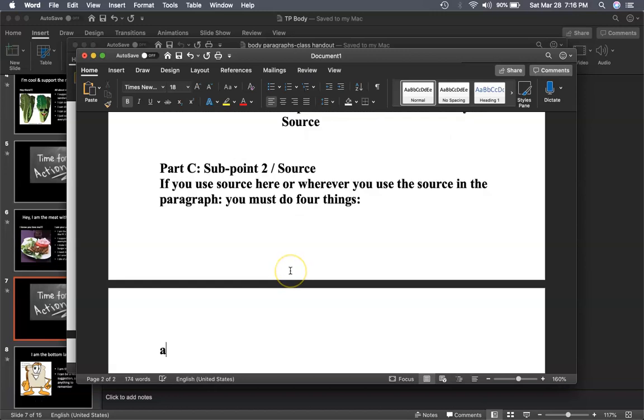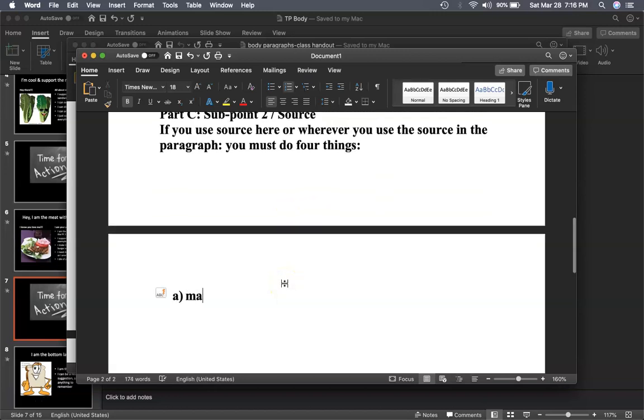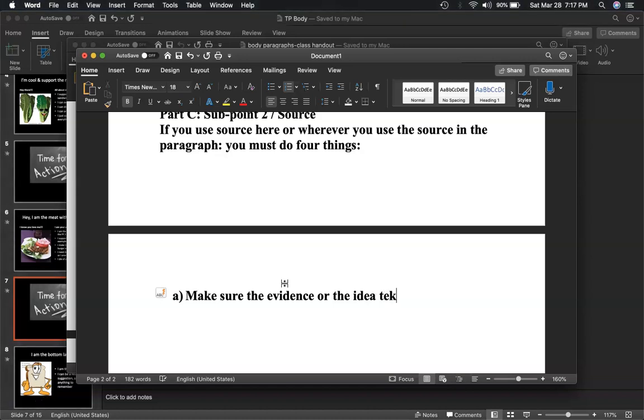What are the 4 things you have to do? A, make sure the evidence or the idea you take is matching or is related. Related to what? Idea before, idea or information before.